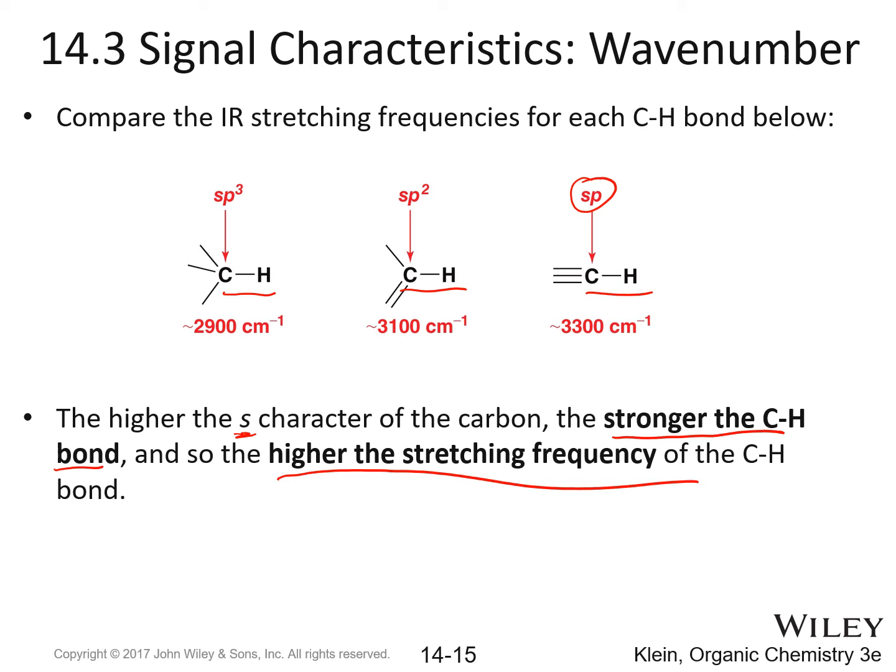So if we have our spectrum, let's say at 3500 and 2900, we might see a peak for sp3 here, one for sp2 here, and then our sp will be here. But we'll look at plenty of examples.